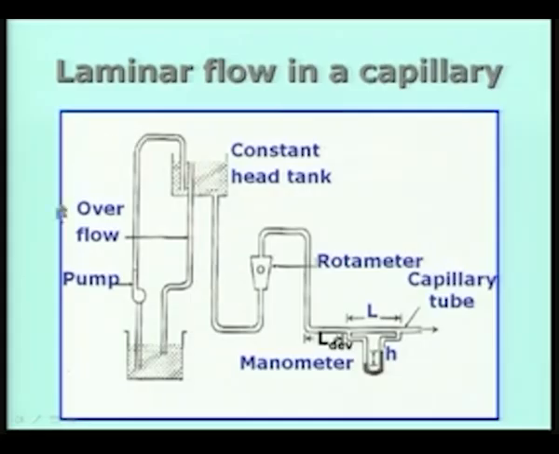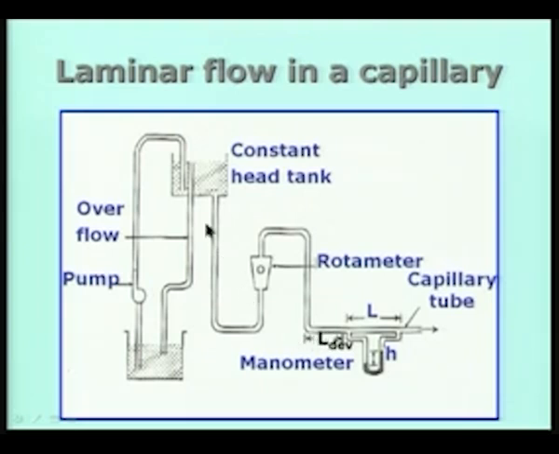To the left of this rotameter, I have shown a constant head arrangement, because the flow will have to be maintained steady through this tube. That means the pressure at which it is going to enter this length of tube must be constant.